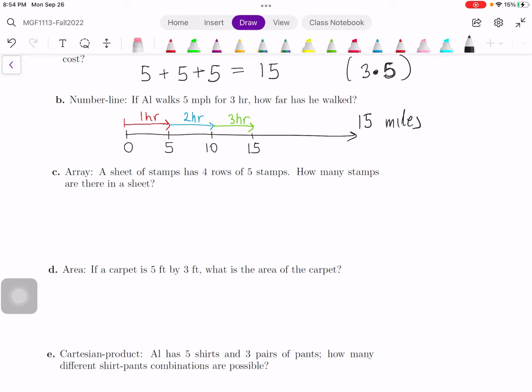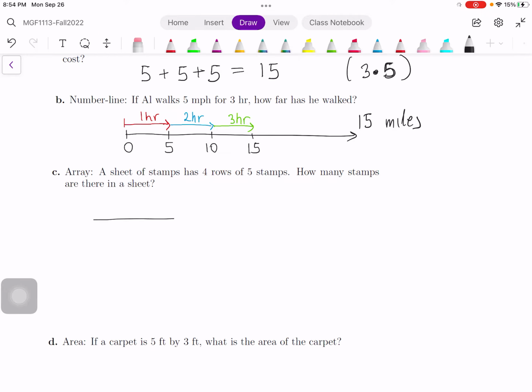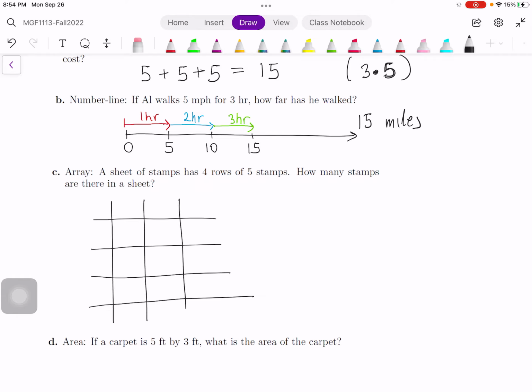Array model. A sheet of stamps has 4 rows of 5 stamps. How many stamps are there in a sheet? So we have 4 rows. I'm going to draw lines, and we're going to place stamps there. So we have 4 rows of 5: 1, 2, 3, 4, and 5. On each intersection there is a stamp.